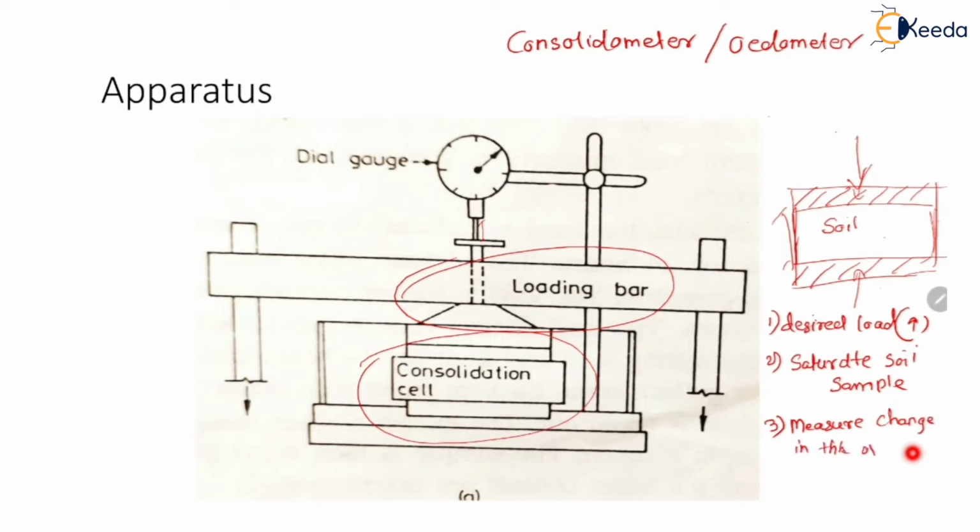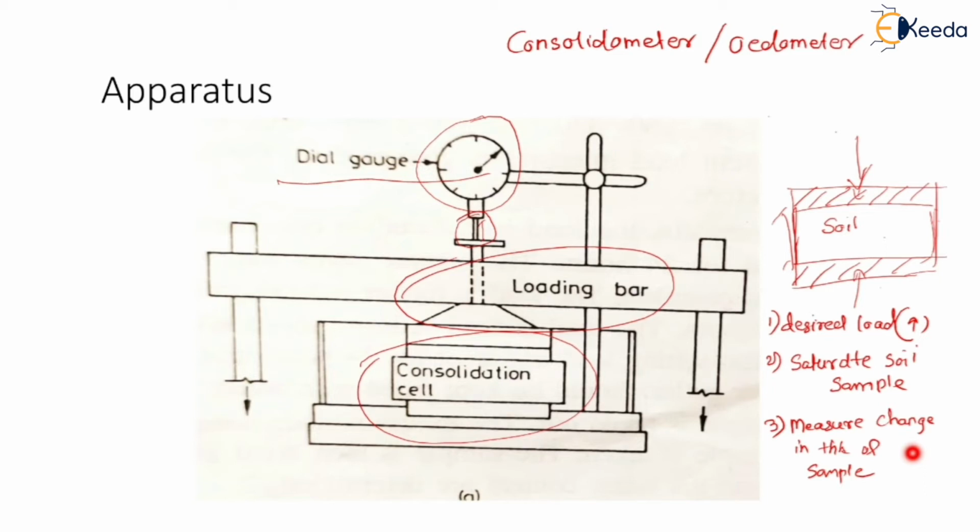So here a dial gauge is provided at the top. With the help of this dial gauge, we can measure the change in thickness. As the soil sample gets compressed, this arm will move downward and the reading will be shown on the dial gauge. The cell is also provided with a pressure pad, a perforated.